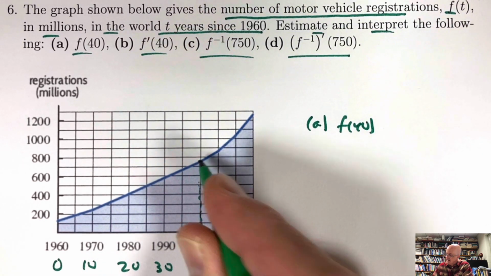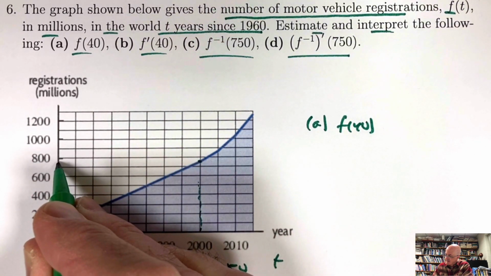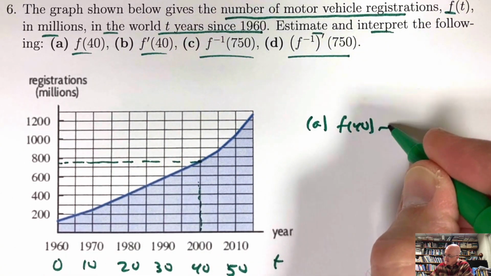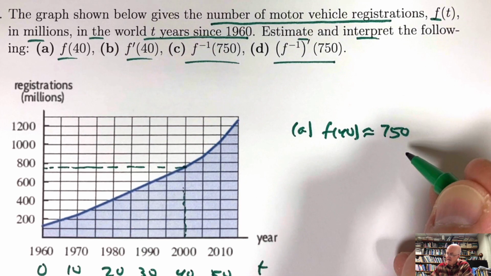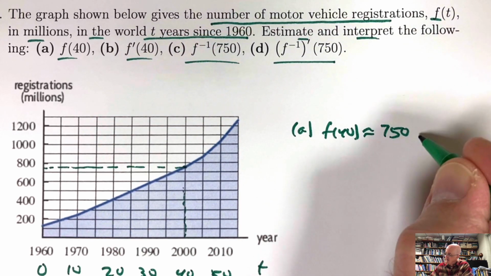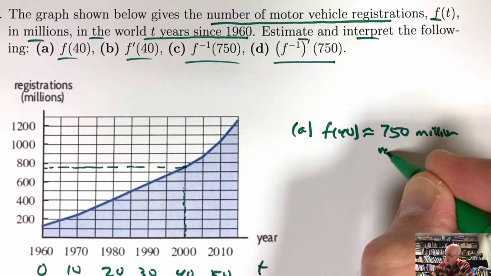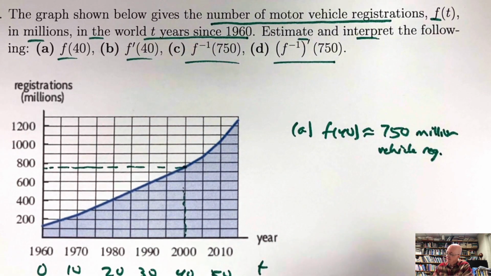We get the output to be the second coordinate of that point. Looks like it's pretty close to 750. This is approximately 750. What are the units for f of t? This would be million vehicle registrations in the world. That's the answer.